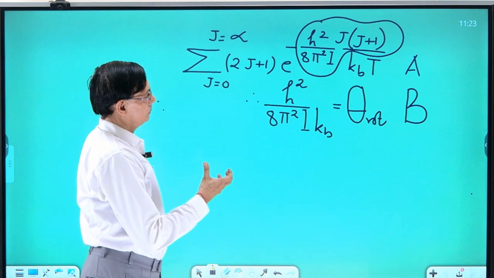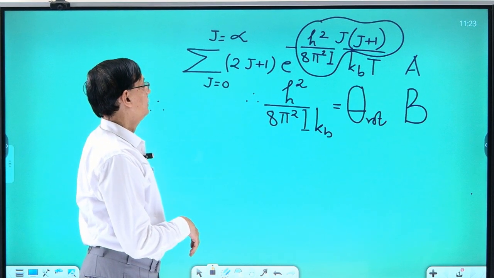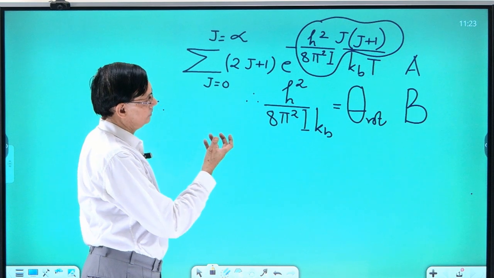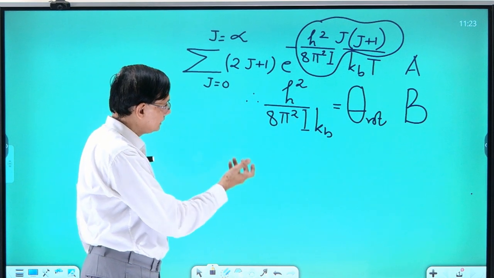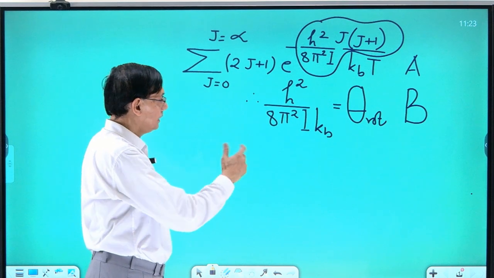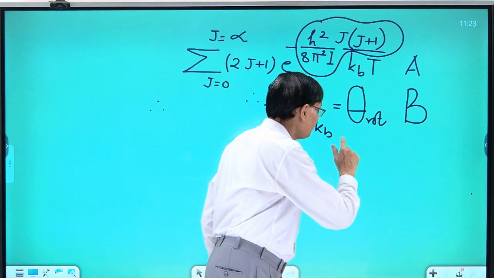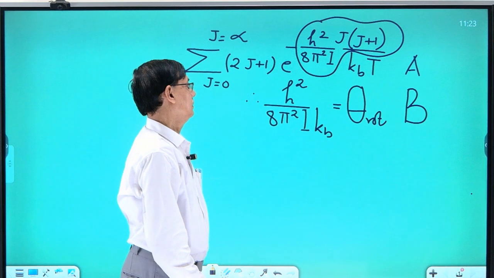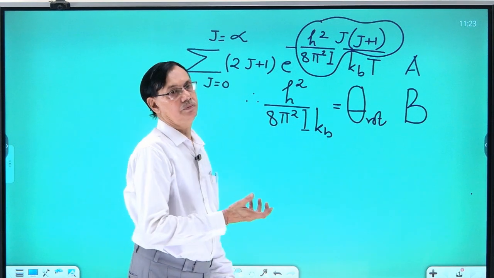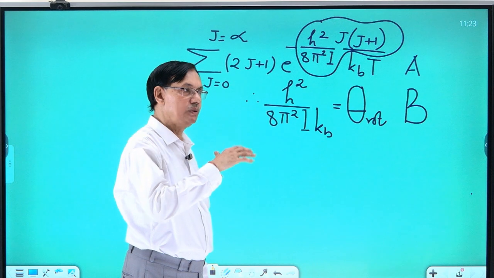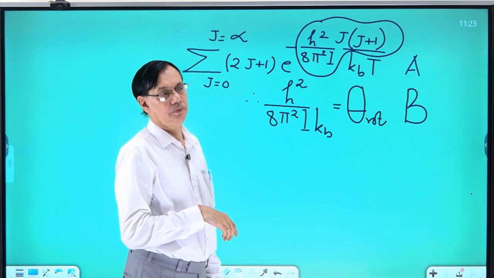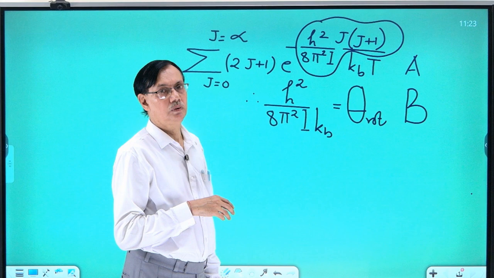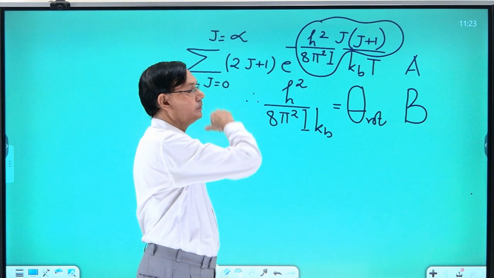And we have seen that when this characteristic rotational temperature divided by capital T value is very less as compared to the normal temperature, therefore that summation can be replaced by the integration.